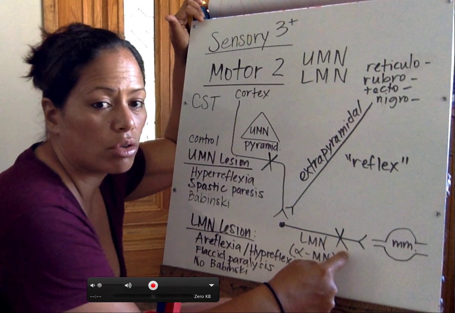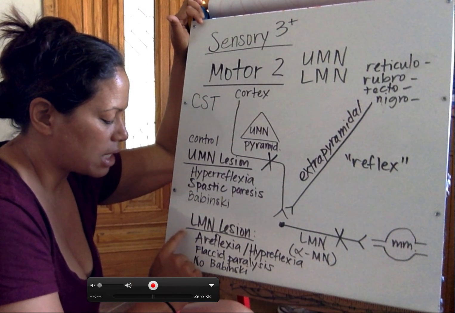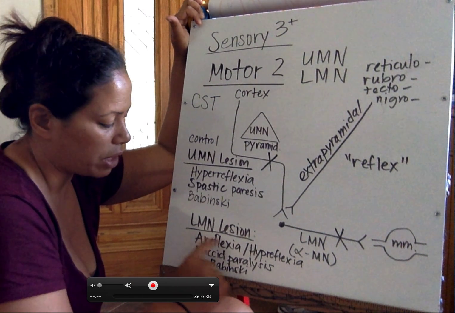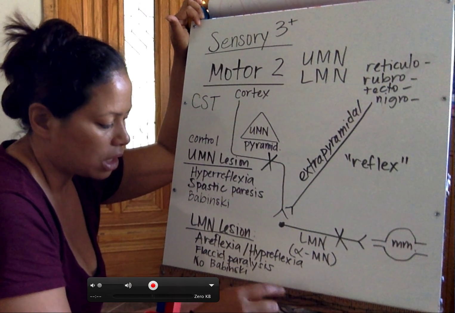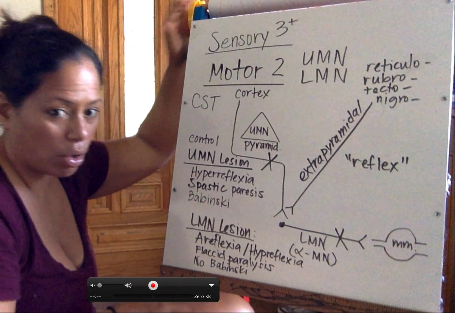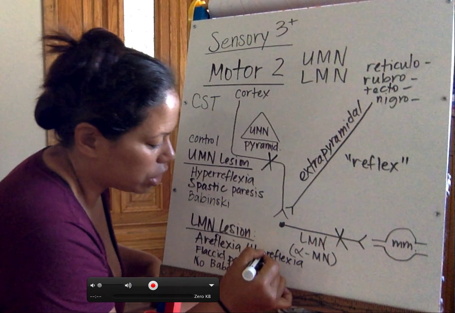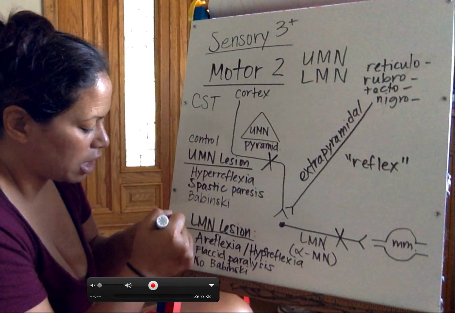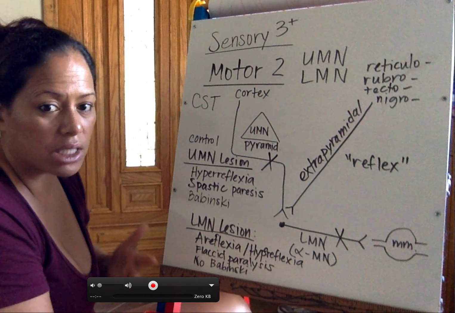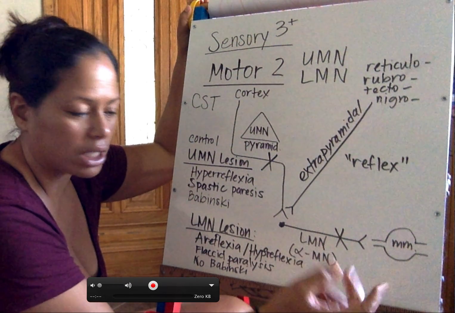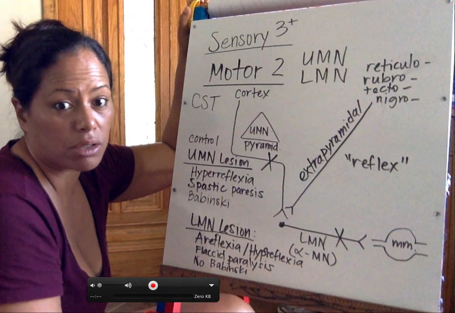If I damage the lower motor neuron, then I'm going to have signs of no reflexes, areflexia, or diminished reflexes, hyporeflexia. Flaccid paralysis, because I'm not going to be able to control the muscle, right? It's going to be flaccid. And no Babinski, because there's no reflexes.